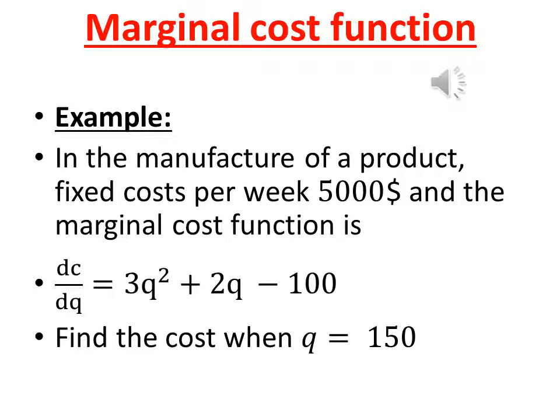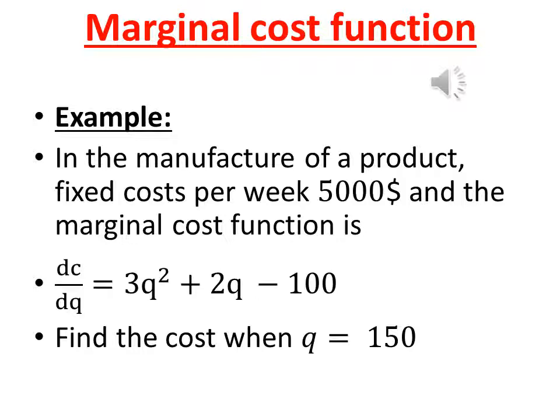After that, find the cost at q equal to 150. To find the cost, we have to integrate 3q^2 plus 2q minus 100 dq. Integrate it: 3q^2 is 3q^3/3, plus 2q is 2q^2/2, minus 100 is minus 100q, plus C.